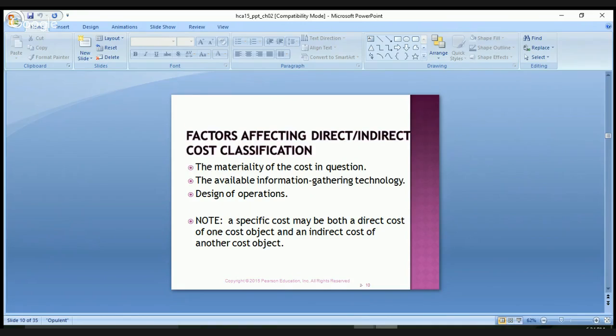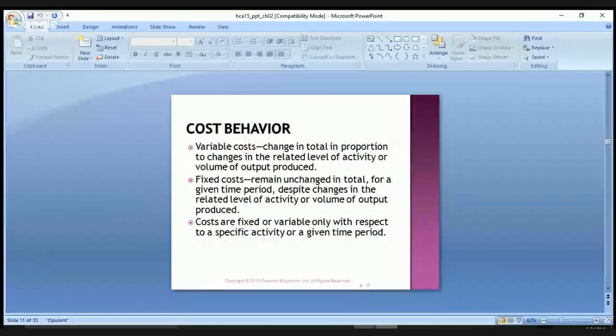Now, we have direct cost, we have indirect cost. The other thing we have is what we call fixed or variable. You can have direct costs that are fixed, and direct costs that are variable.